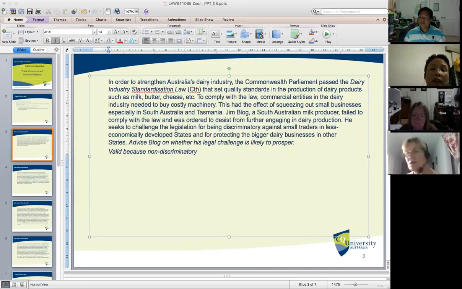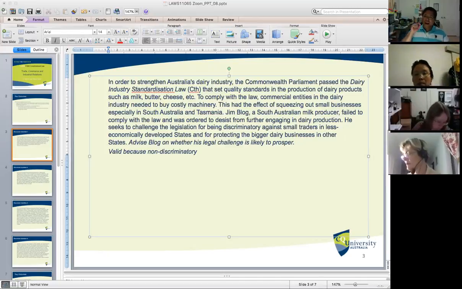The other one is whether the Commonwealth Parliament can pass a law with regards to this subject, so that, can you link it to a head of power under which it can validly pass this law? Very good. So that is the first thing you always need to establish.